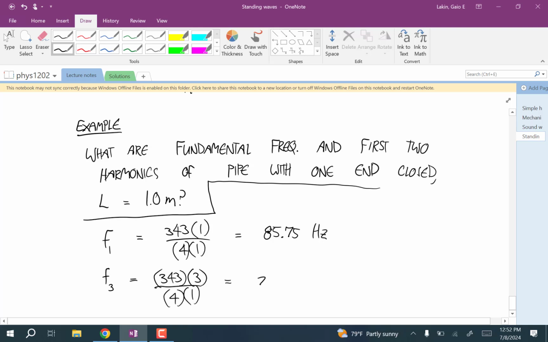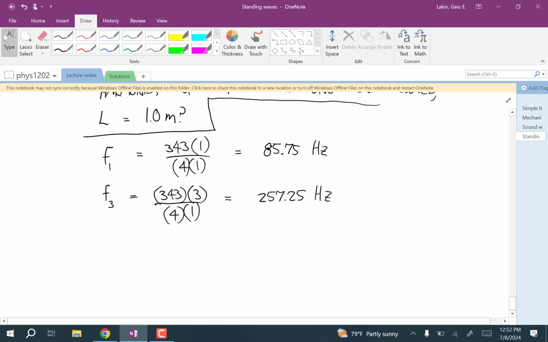And you get 257.25 hertz. And then with n equals 5, you get 343 times 5 divided by 4 times 1. And that is 428.75 hertz.